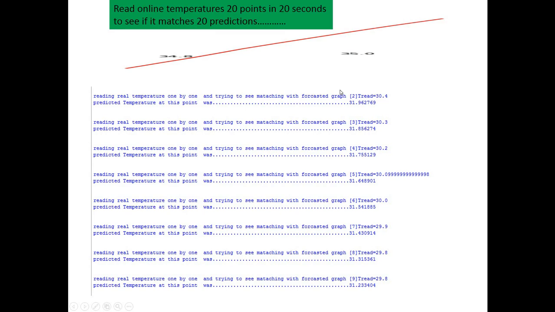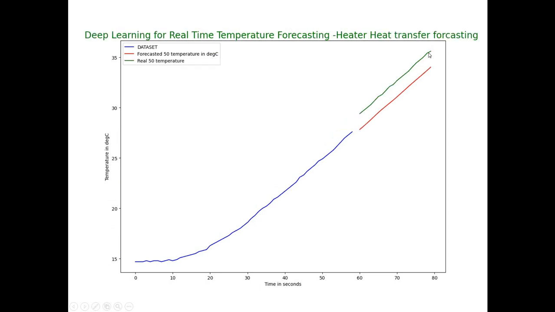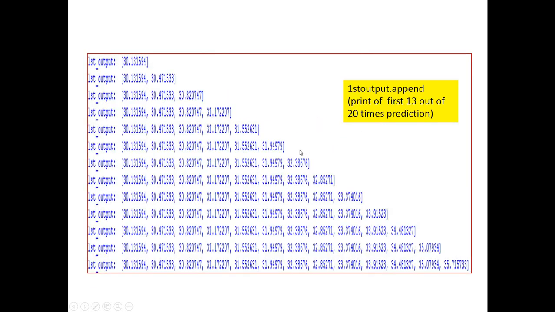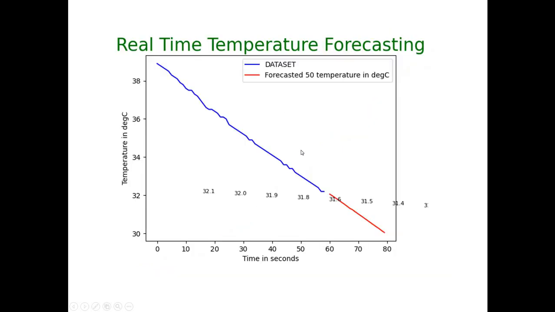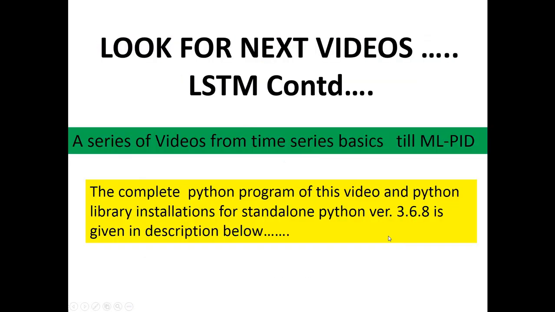This is the forecasted one, and you simply read the temperatures one by one and plot them; the green one is the real temperature which you have got here in this y hat. That is how the real-time temperature forecasting is done. Where there is a downward trend, this is the forecasted, and this is what we have got. Both are working fine. The videos will continue in the future. Thank you.